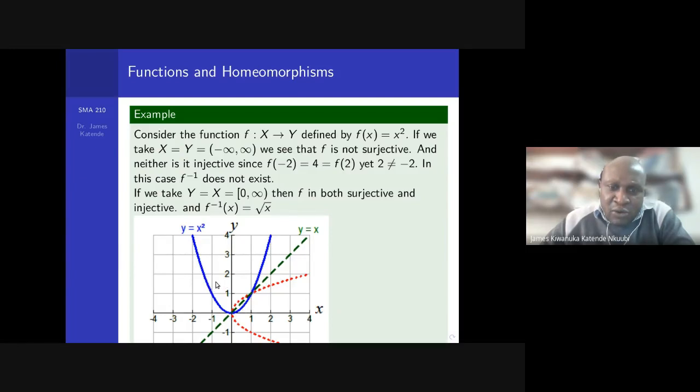And if you restrict yourself to just this first quadrant and you draw a horizontal line, it will cut the graph exactly once, and therefore the map is injective. And if it's injective, now we can compute the inverse. The inverse will just be this red line, the part that is above the x-axis. That is the inverse that we shall use, just the red line only.